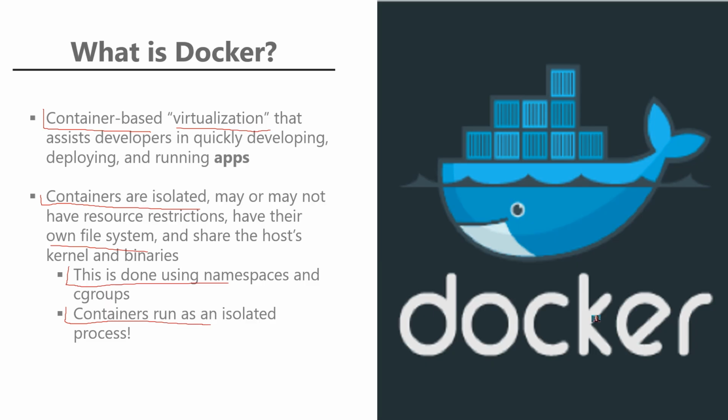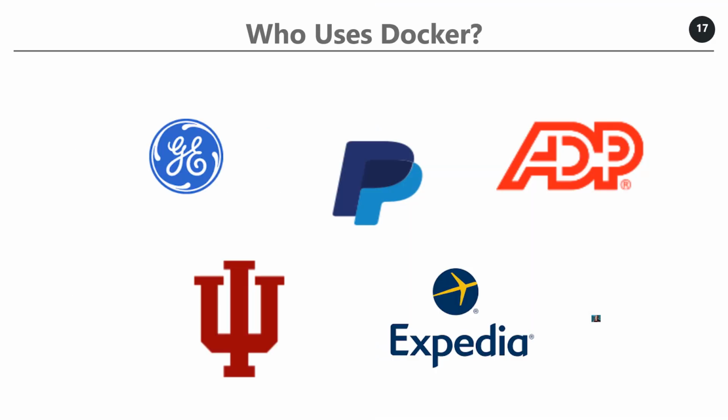A container will be an isolated process, okay, using Docker. Who uses Docker? Well, GE, PayPal, ADP, etc. There are many companies using Docker today. Even many applications use Docker that we don't even know about. Okay, it's transparent to the user, anyway.